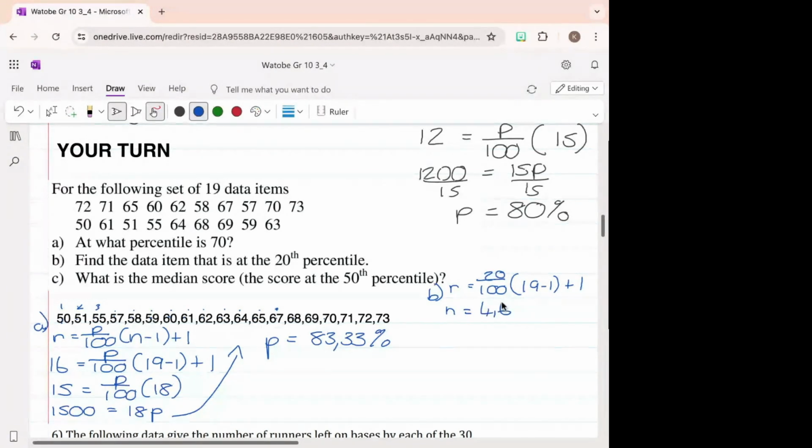Okay, so 1, 2, 3, 4. So 57 plus, this is the one where it's going to get complicated. What do we know now?